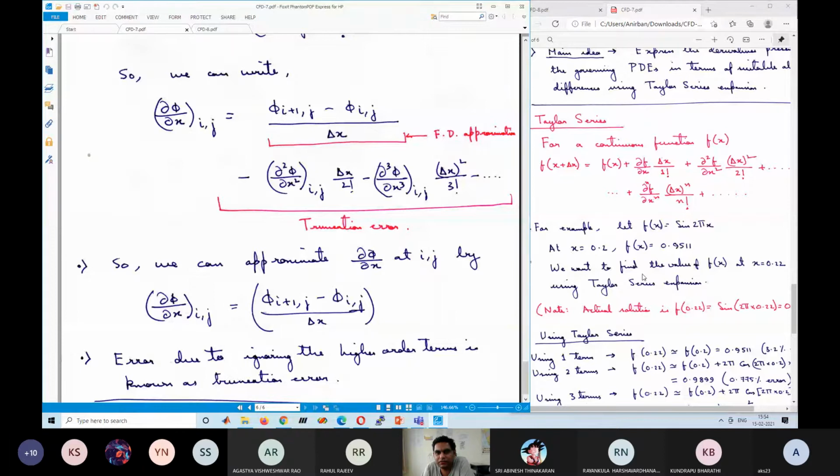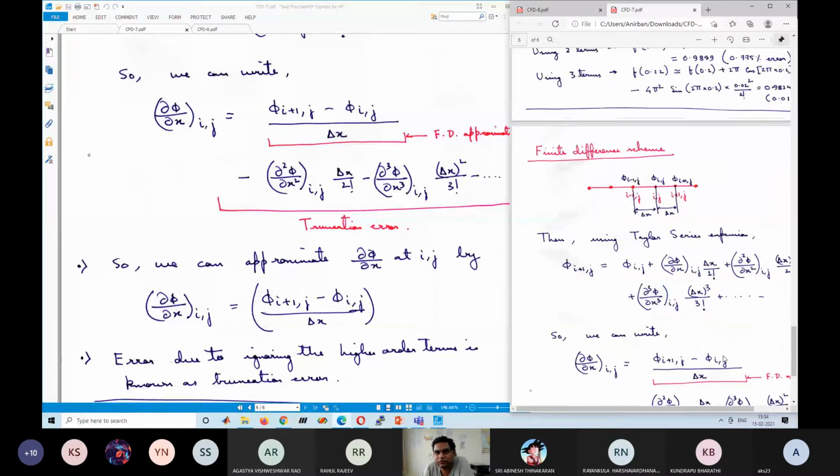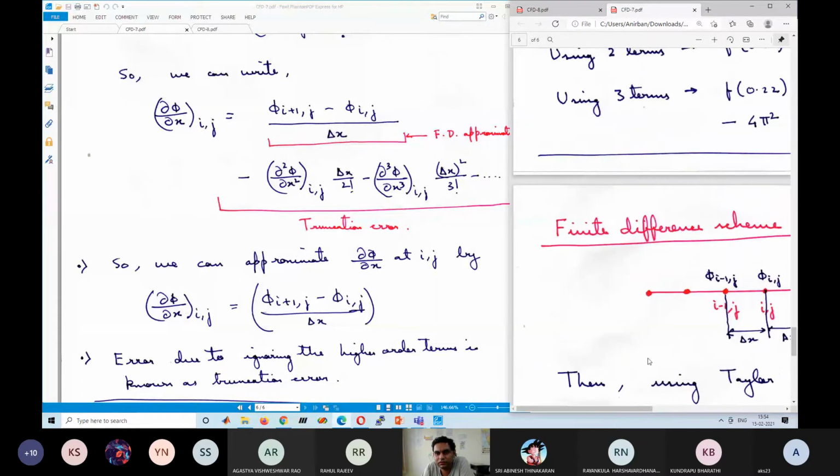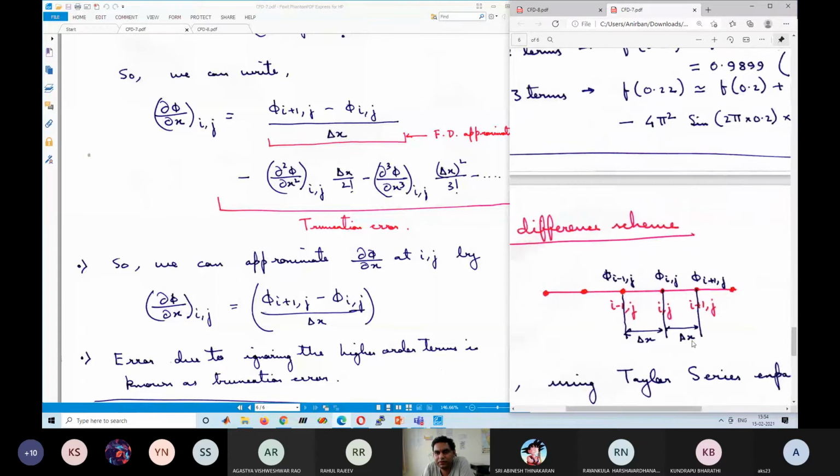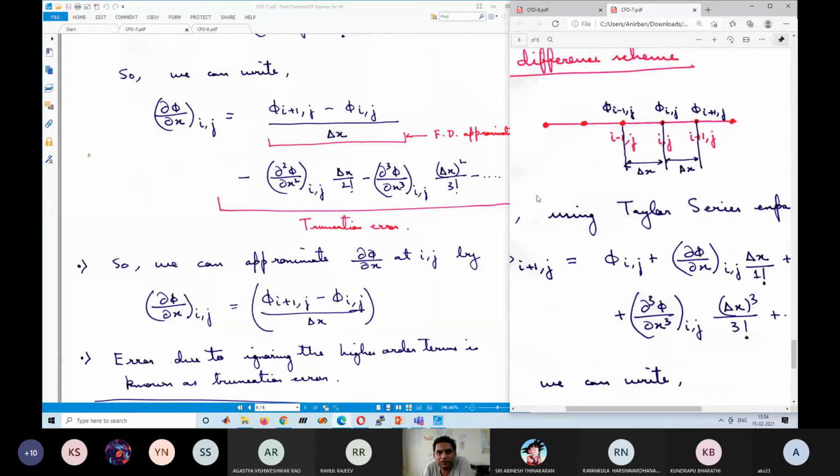We will keep the diagram open and keep referring to it. This is one type of representation, and the error due to ignoring the higher order terms is known as truncation error, as I have already mentioned.